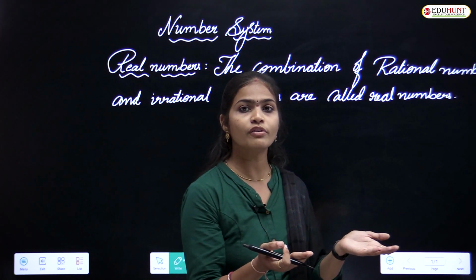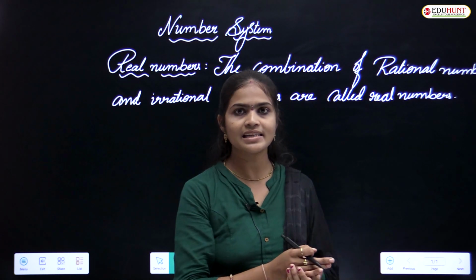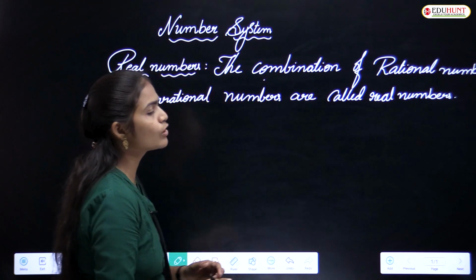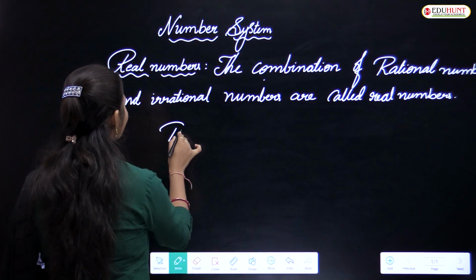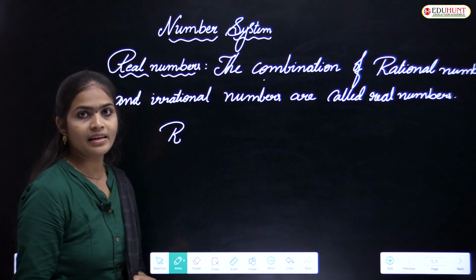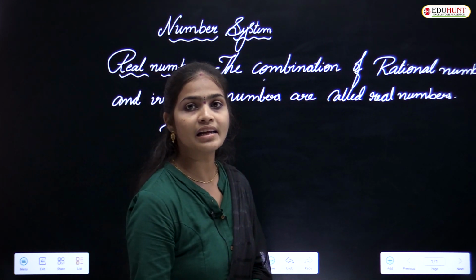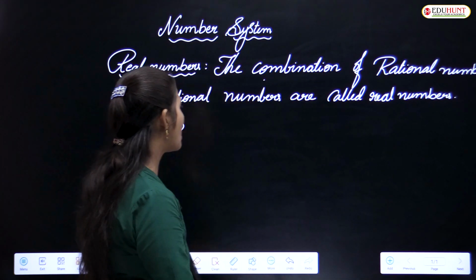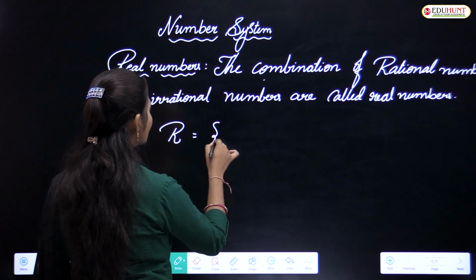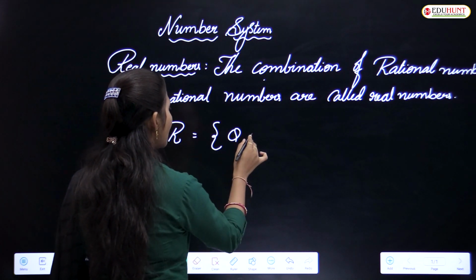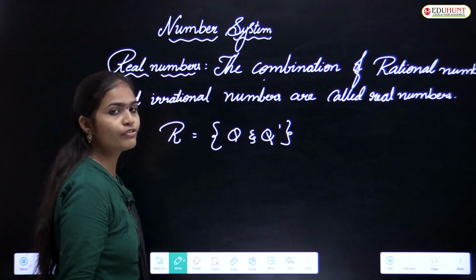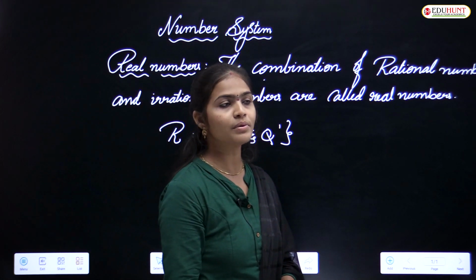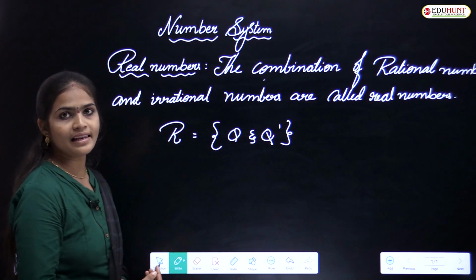Real numbers are represented with the capital letter R. So R is equal to the set of rational numbers and irrational numbers.